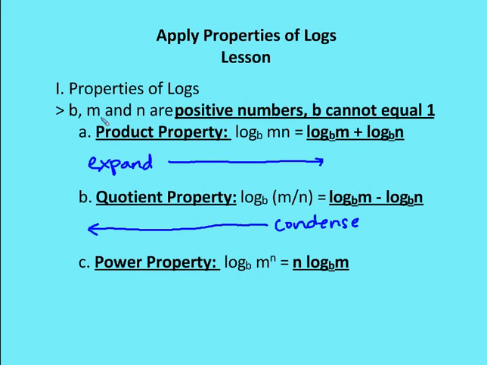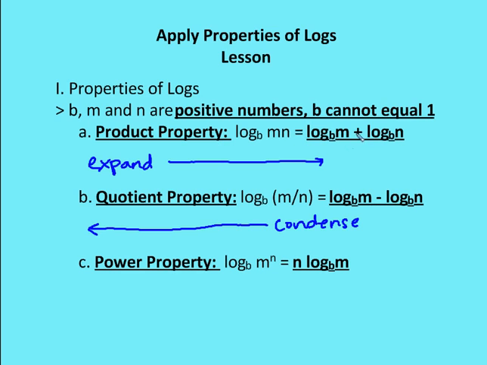So I have properties of logs. When I expand, I'm separating the factors in the product property. Right, so expanding, separating the factors in the product property. In the quotient property, I'm separating the dividend and the divisor. So I have m and n, and then condensing, I'm combining them into one fraction.